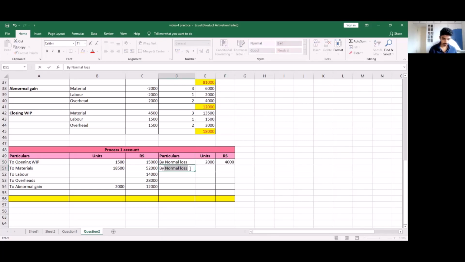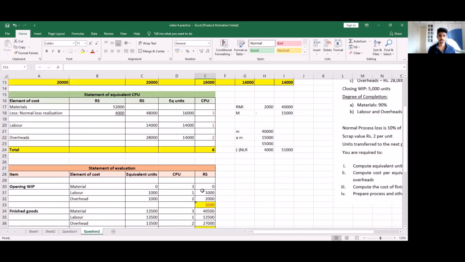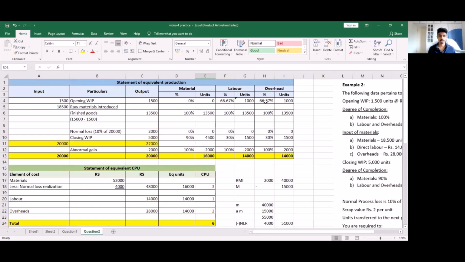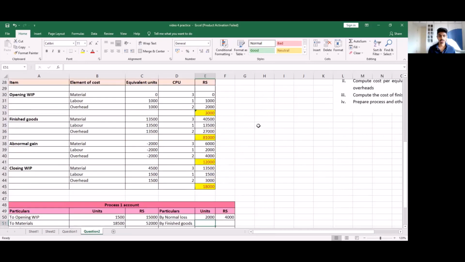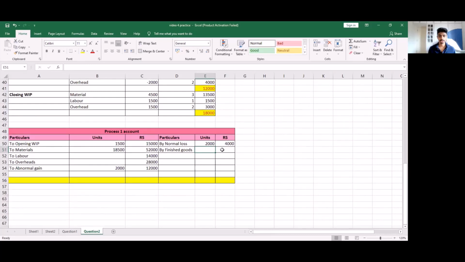Next, we have our finished goods. I have already mentioned that we don't take units of finished goods from our statement of equivalent production, and we don't take its amount or value from statement of evaluation, but this is going to be our balancing figure. Next, we have "by closing work in progress."